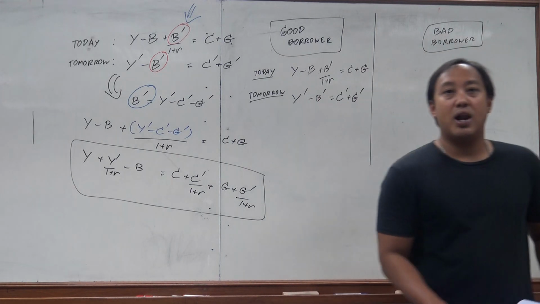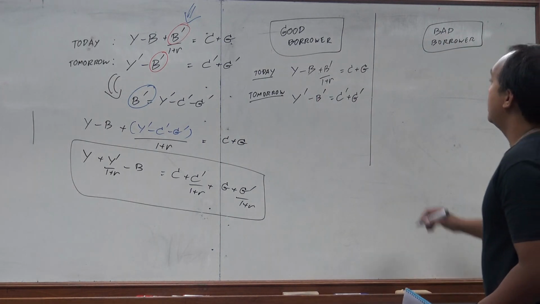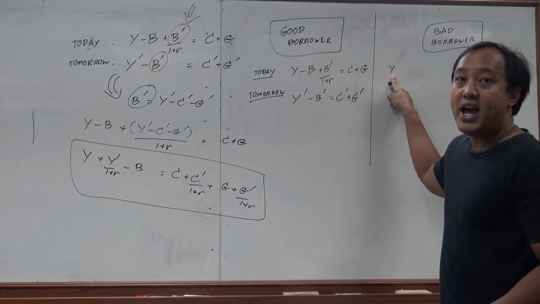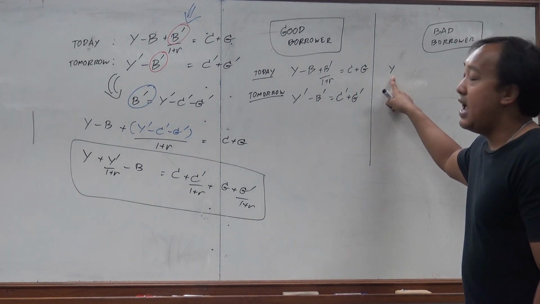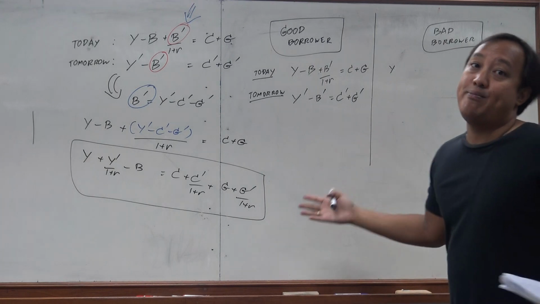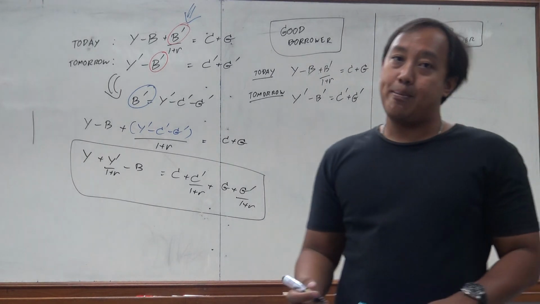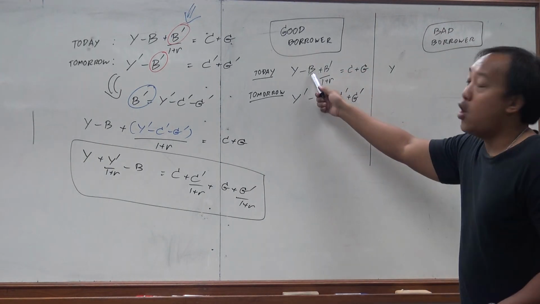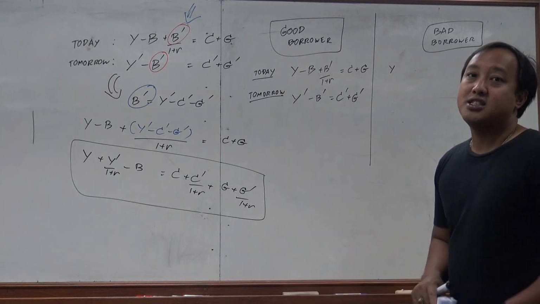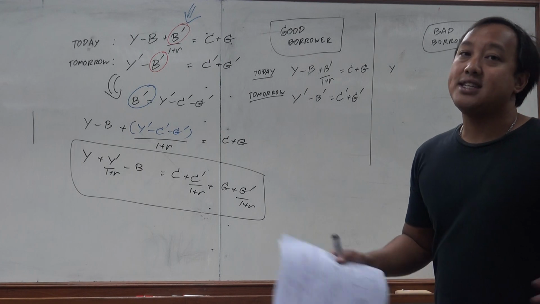How about a bad borrower? For the bad borrower, today you wake up, you produce something, you get GDP for today, y. After that, you are a bad borrower, you don't have money or you don't want to pay back your debt. So this one, no B, because you don't want to pay back the money on time, or you don't have money, or maybe you're playing some trick.